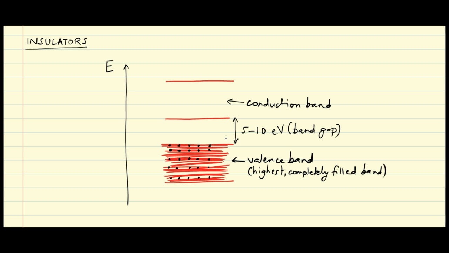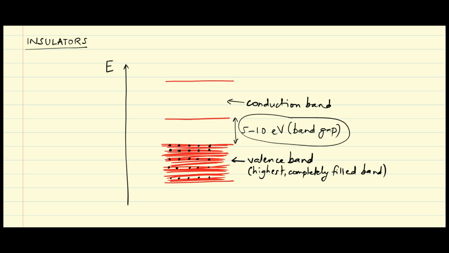However, the energy which an electron can gain from a normal electric field, that is an electric field of normal magnitude, is quite small as compared to this band gap of 5 to 10 electron volts, and hence it is energy wise impossible for these electrons in the valence band to get excited by the electrical field and enter the conduction band.